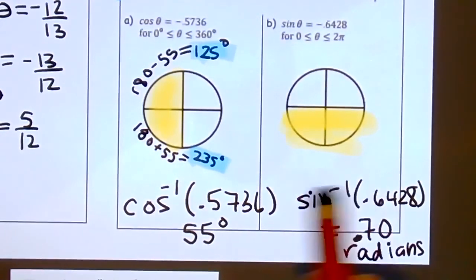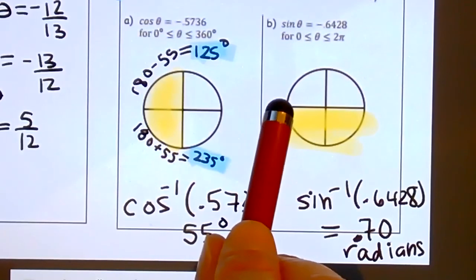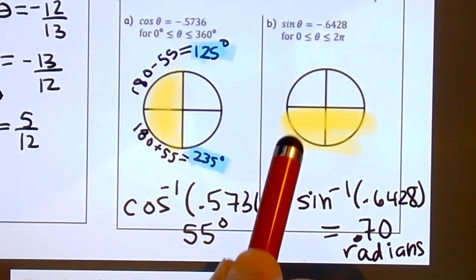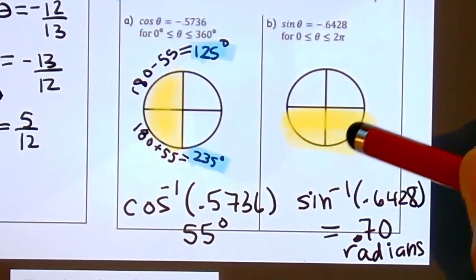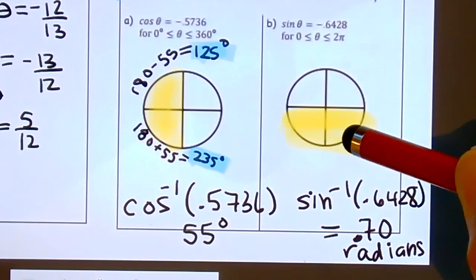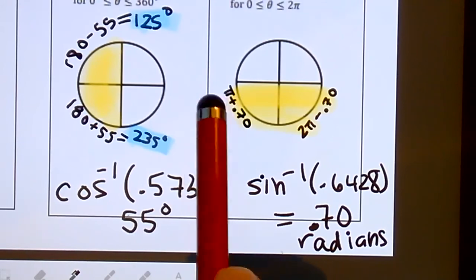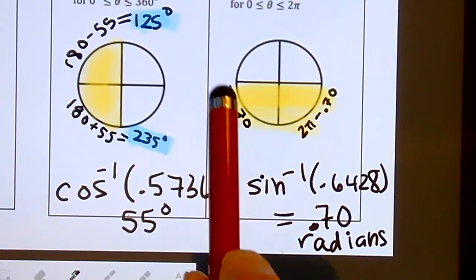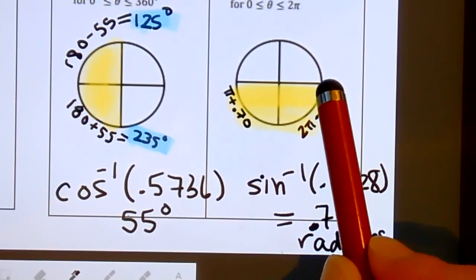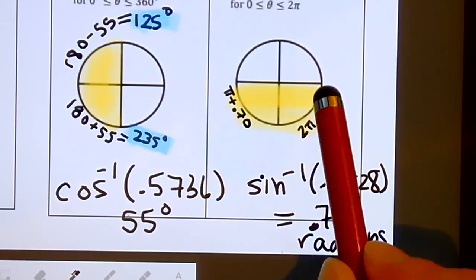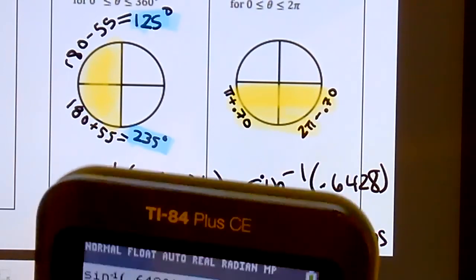So what that means is I'm going to be 0.70 beyond pi and 0.70 short of 2 pi, okay? So let me write those real quick. So again, I'm going to go 0.70 beyond pi, and here I am 0.70 short of 2 pi, okay?